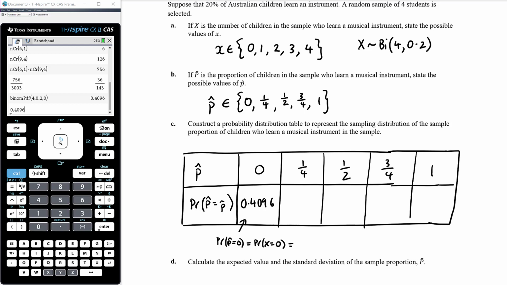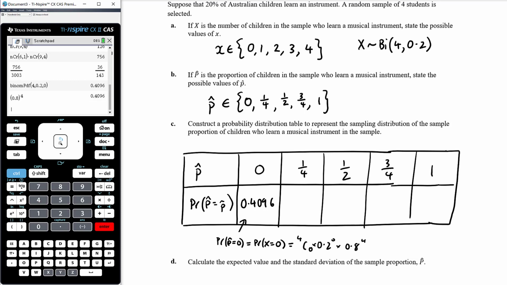Remember, we could also work that out using our binomial rule, so it's going to be 4 choose 0, times 0.2 to the power of 0, times 0.8 to the power of 4, so essentially it's just 0.8 to the power of 4. It's the same thing.